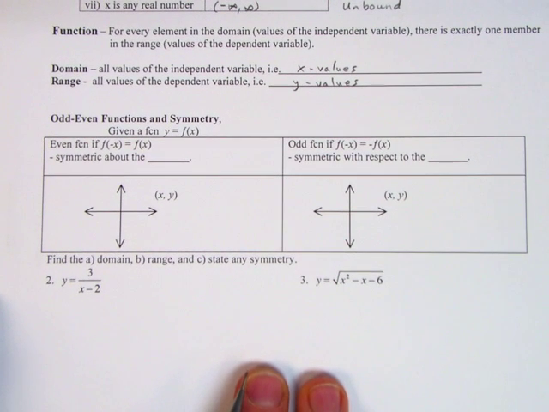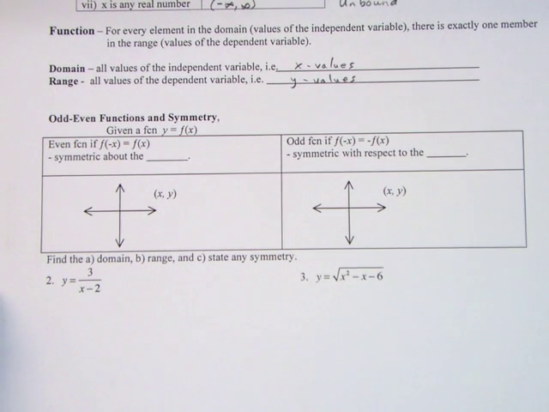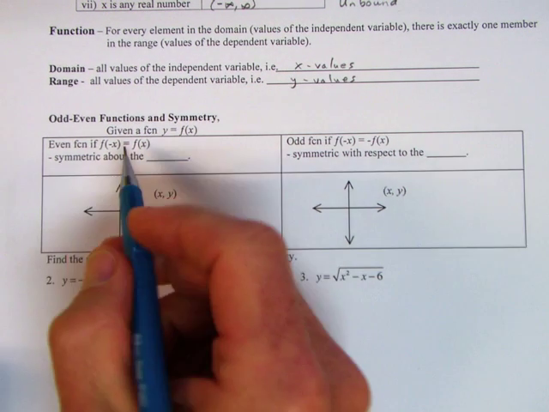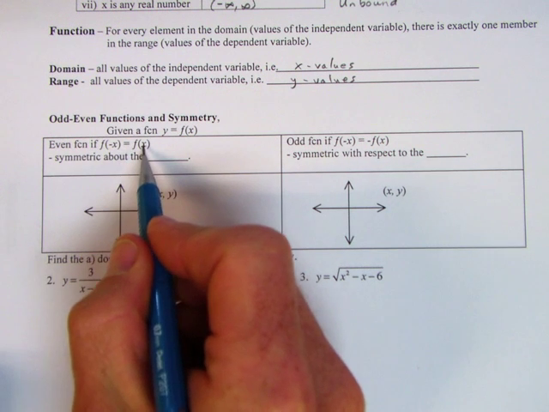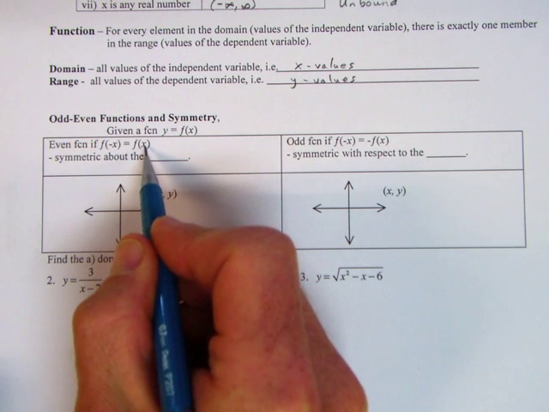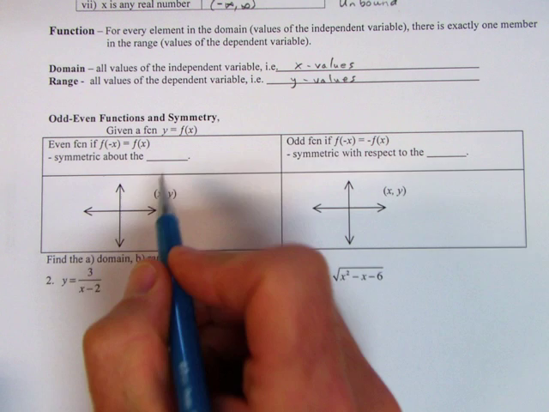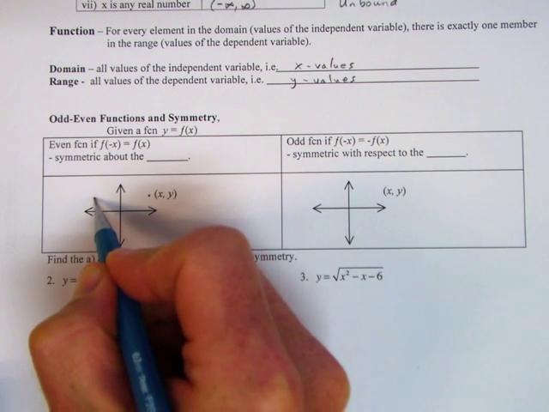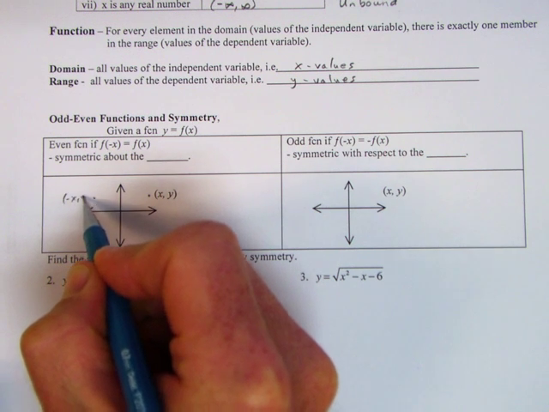Odd-even functions and symmetry. Given a function y equals f of x, an even function is defined as f of negative x equals f of x. So that means if I plug in a negative x or I plug in a positive x, I get the exact same y value. So if here's my point xy, then negative xy would be over here.